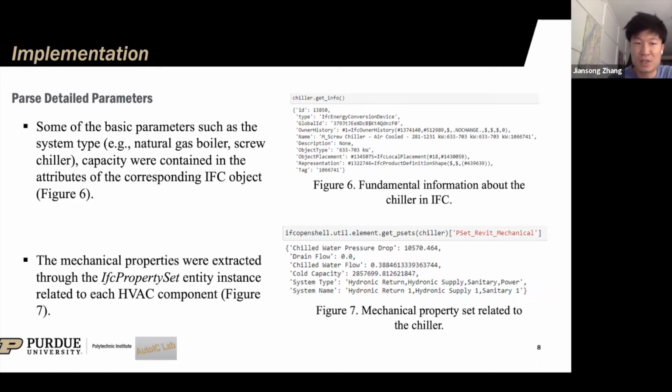So we can extract the mechanical properties of each HVAC component through the mechanical IFC property sets. As you can see from figure 7, we extract the pressure drop, water flow rate, and cooling capacity here.